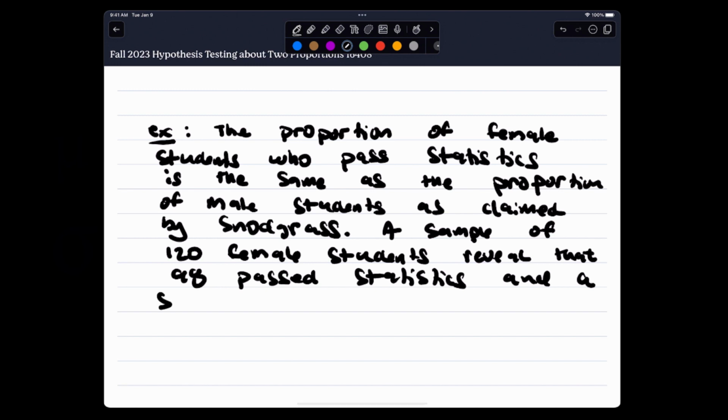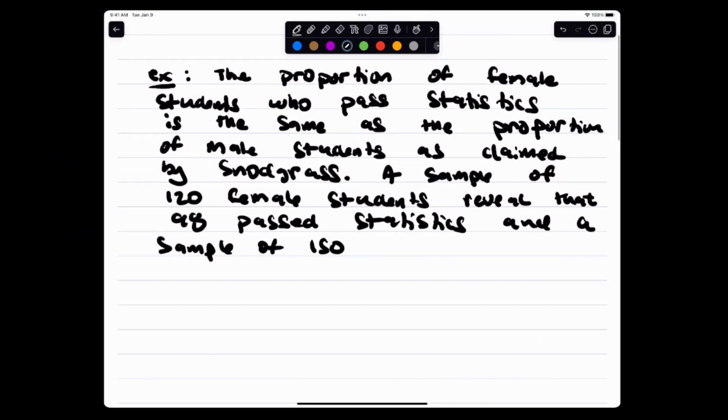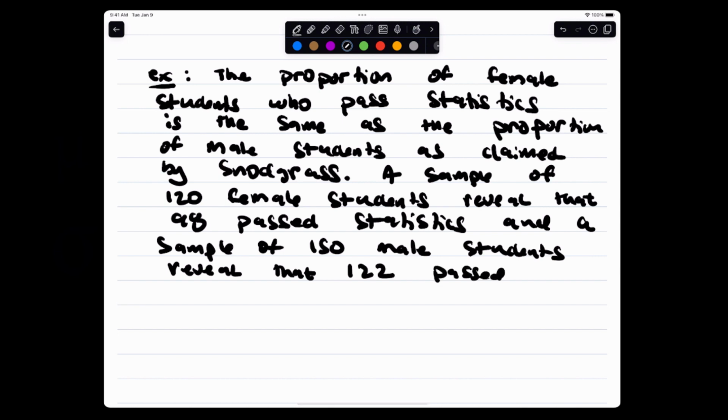And a sample of 150 male students revealed that 122 passed. Use the 5% level of significance to test this claim.